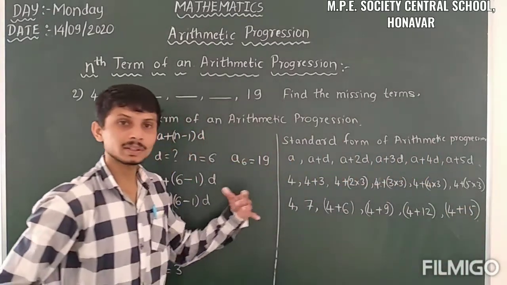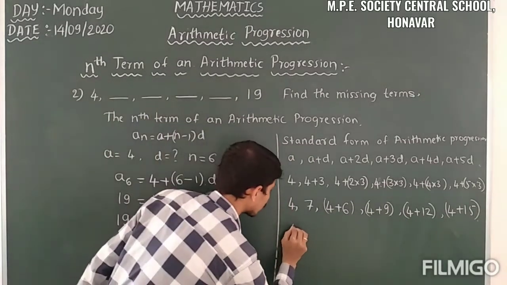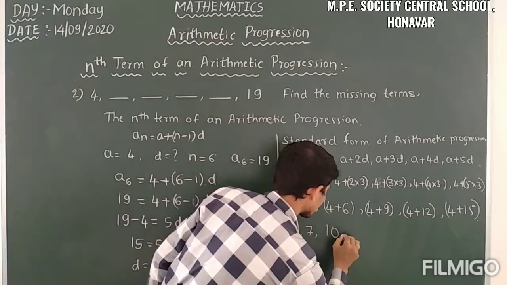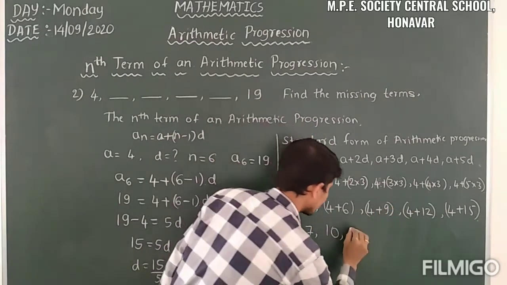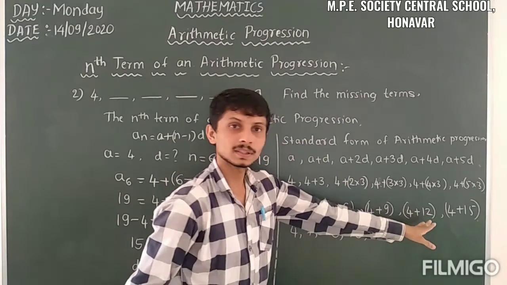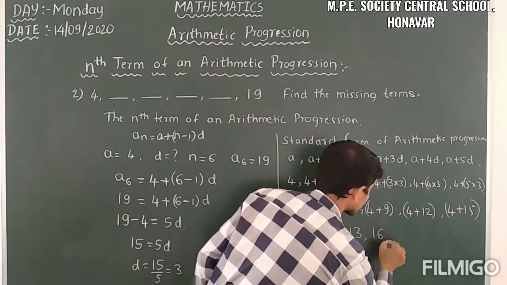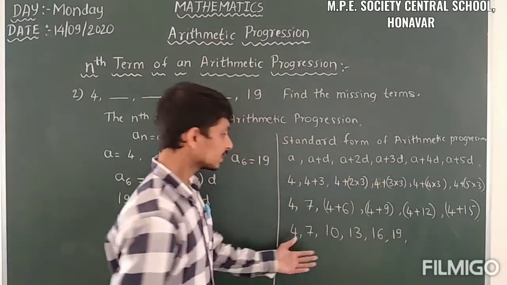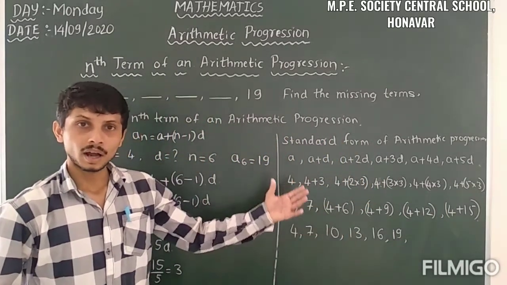After that we have to conclude. That is 4, 7, 4 plus 6 is 10, 4 plus 9 is 13, 4 plus 12 is 16, and 4 plus 15 is 19. This is our required arithmetic progression.